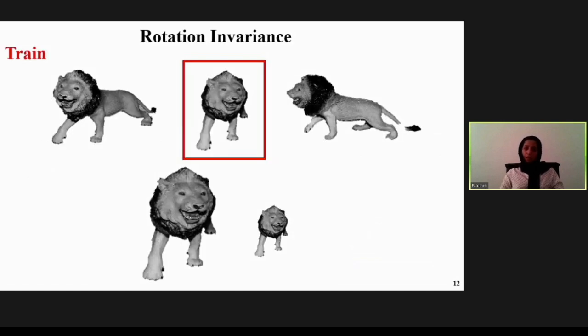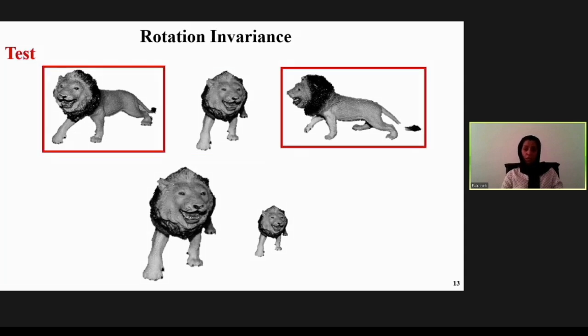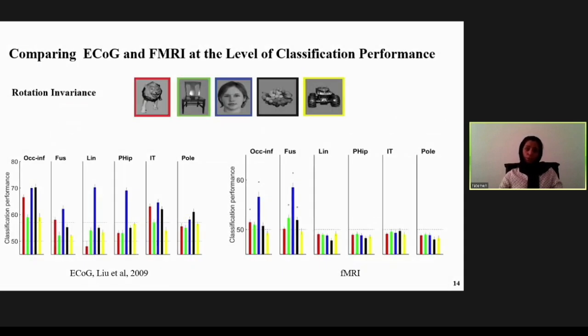A similar analysis was performed to investigate category selectivity under orientation changes. The classifier is trained using the images in the orientation of zero degrees and tested by the rotated images. We observed that the classification performance is higher for faces in the fMRI and ECoG in the fusiform area.